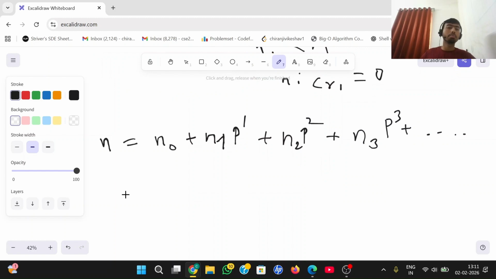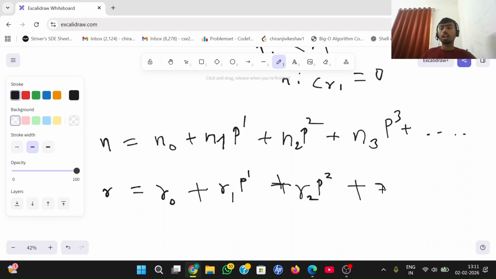Okay, similarly your r should be r0 plus r1 p to the power 1, plus r2 p to the power 2, plus r3 p to the power 3, up to infinity.